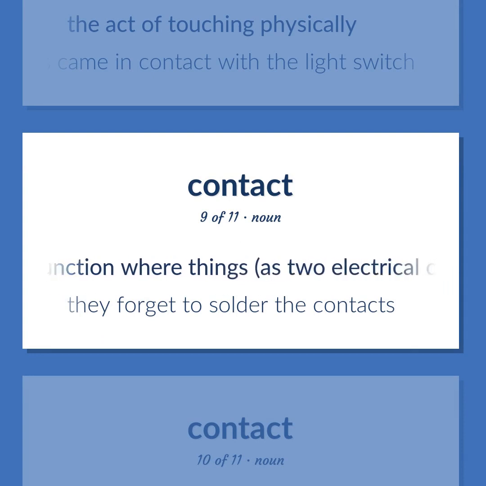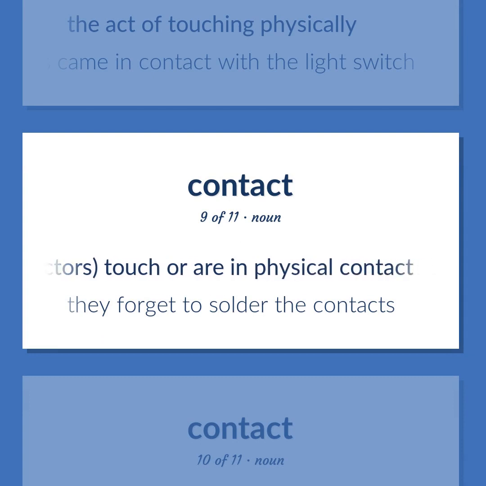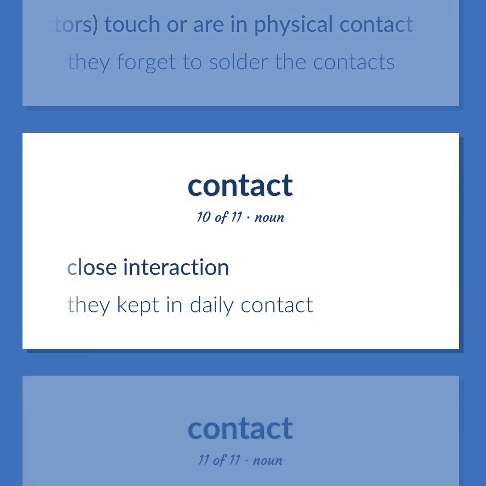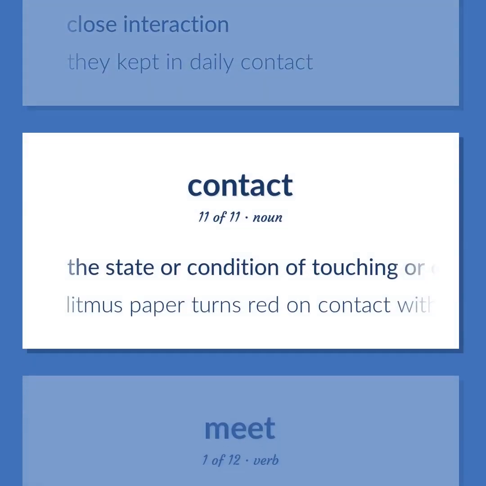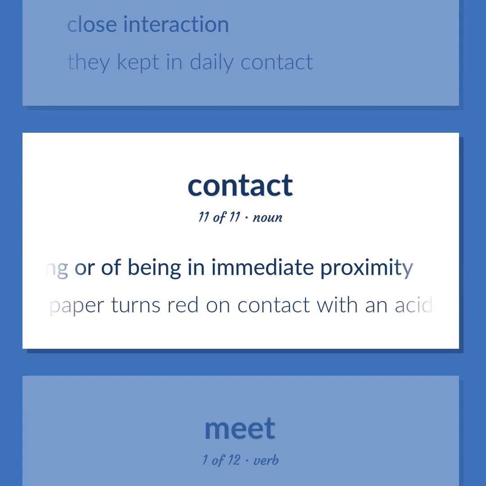A junction where things, as two electrical conductors, touch or are in physical contact. They forgot to solder the contacts. Close interaction. They kept in daily contact. The state or condition of touching or of being in immediate proximity. Litmus paper turns red on contact with an acid.